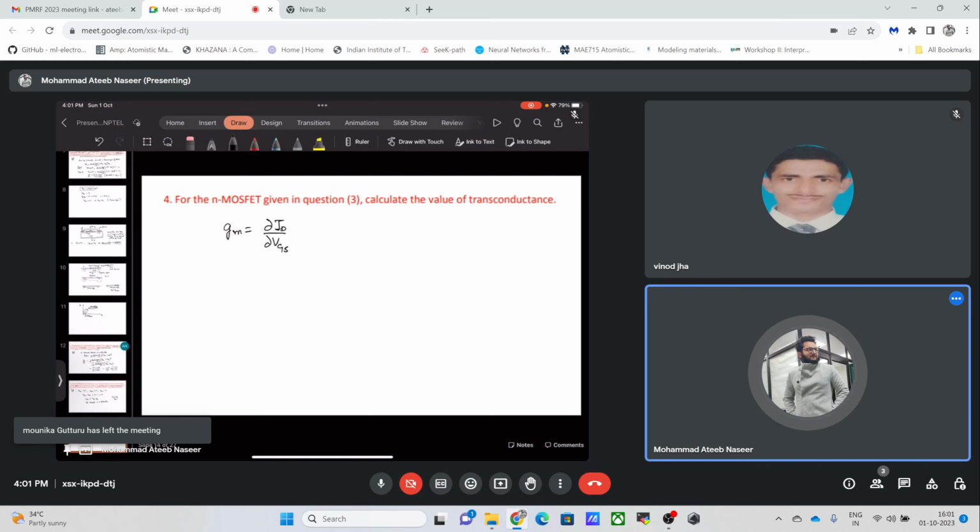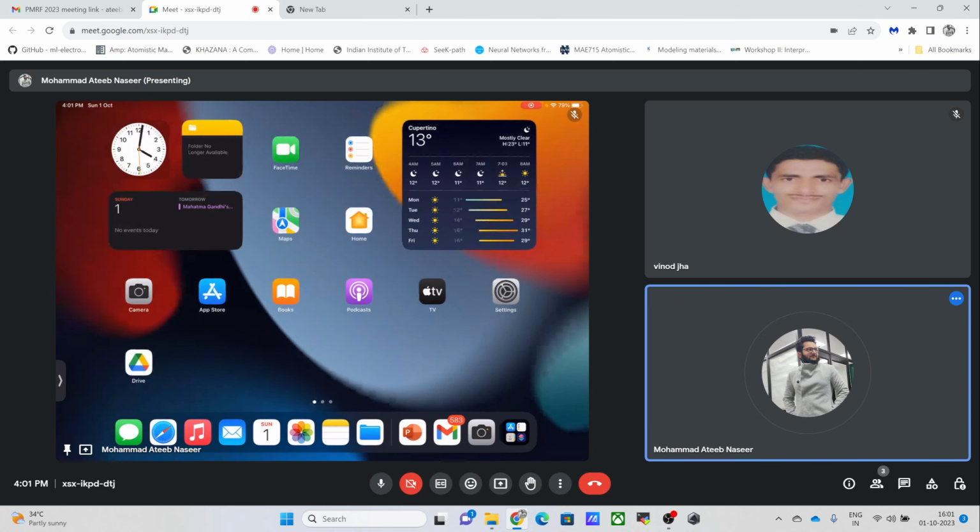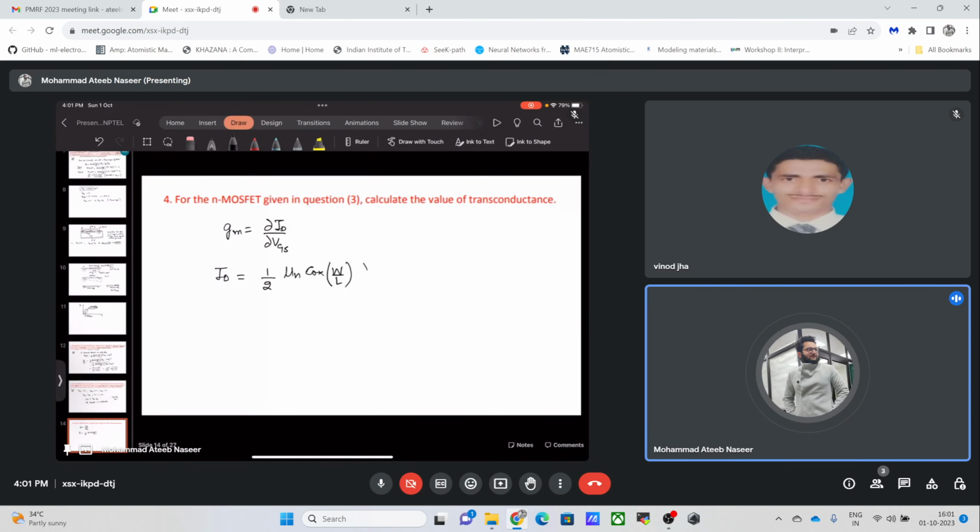So in this case, Gm is dId by dVGS, which is the important performance metric for us. Now we know IDS in saturation is equal to 1 by 2 mu n Cox W by L, VGS minus VTH whole square.